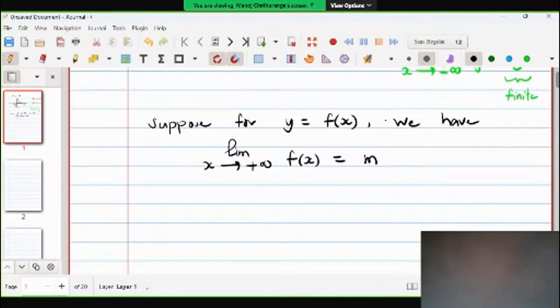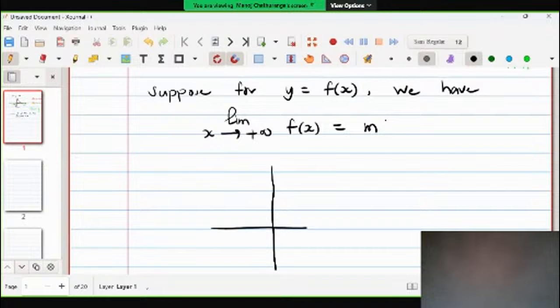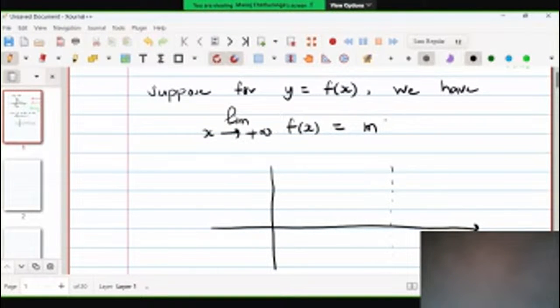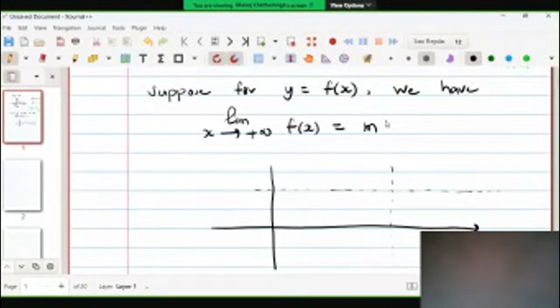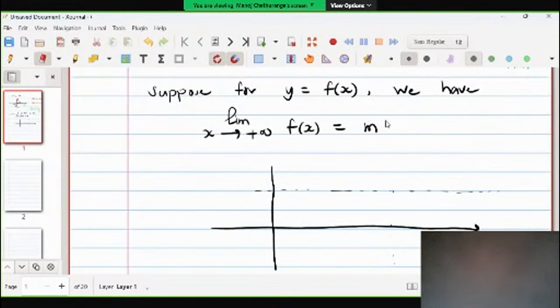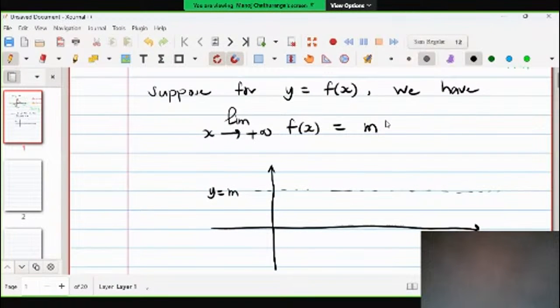On the graph, it will reflect something like this. We don't know anything else about the function, but we know as x becomes very large, function values are reaching some number m. So here, this is the line y equals m.